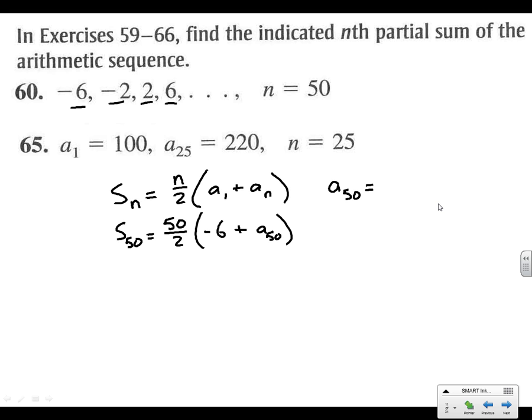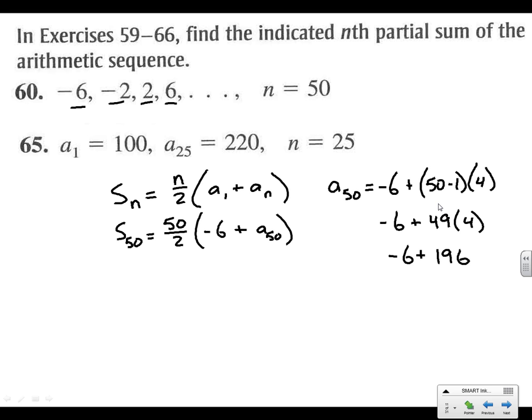We can figure this out. A sub 50 equals the first term, negative 6, plus n minus 1, which is 49, times d. What's our difference here? We're counting up by 4. We're increasing by 4 each time. So this is going to be negative 6 plus 49 times 4. 49 times 4 is 196. 50 times 4 is 200. So 4 less than 200.